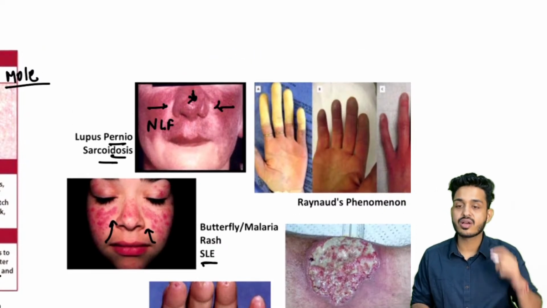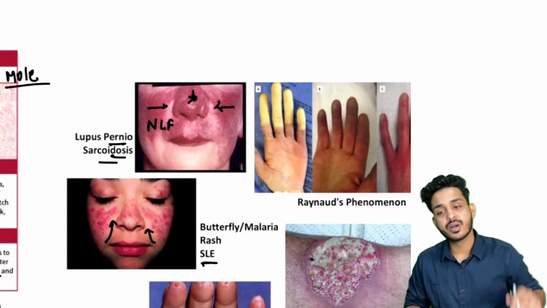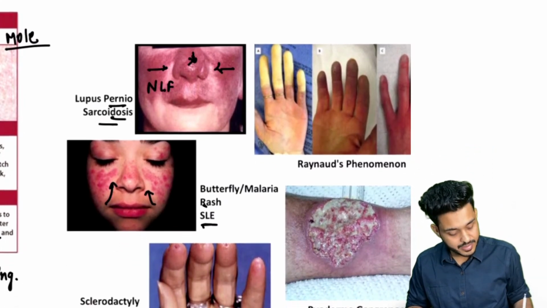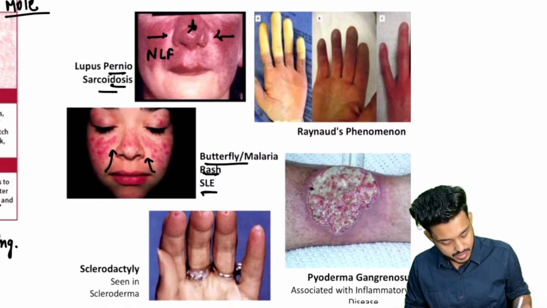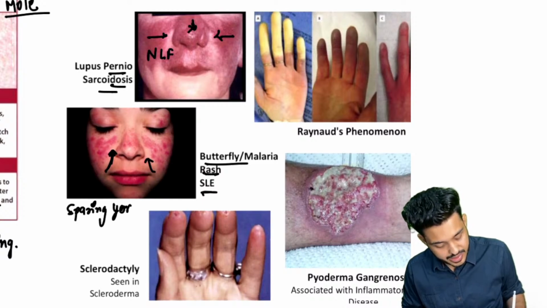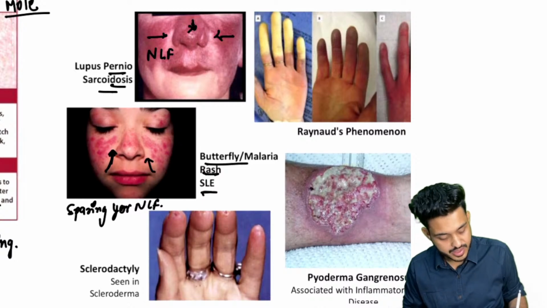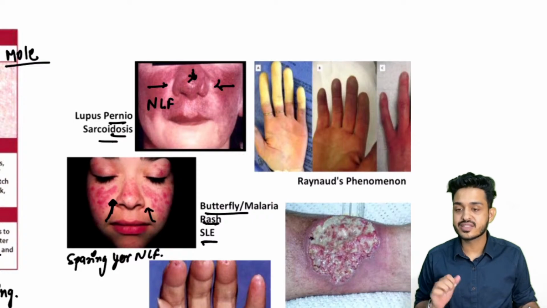In lupus pernio there will be redness all around. It won't spare your nasolabial fold, but SLE will spare your nasolabial folds, right? So this is SLE, and this one is your lupus pernio seen in the cases of sarcoidosis.